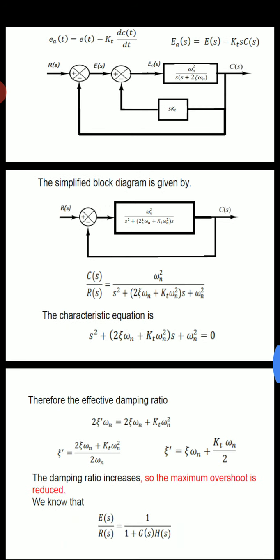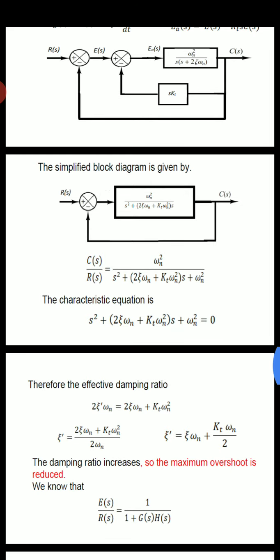After solving G(s) divided by 1 plus G(s) into H(s), you will get that equation. The denominator is the characteristic equation: s square plus (2 zeta omega n plus Kt omega n square) into s plus omega n square is equal to 0. How will we find the effective damping ratio? We will compare with the standard equation, s square plus 2 zeta dash omega n into s plus omega n square.